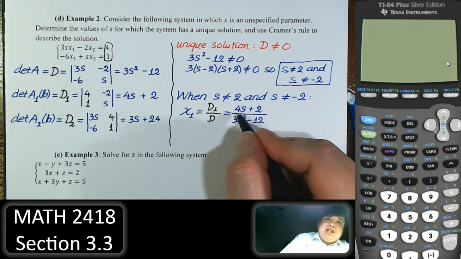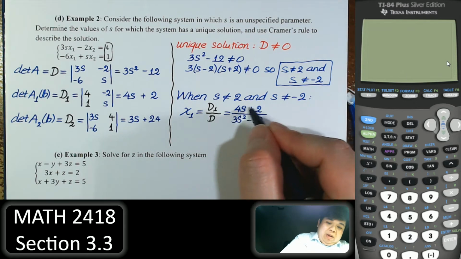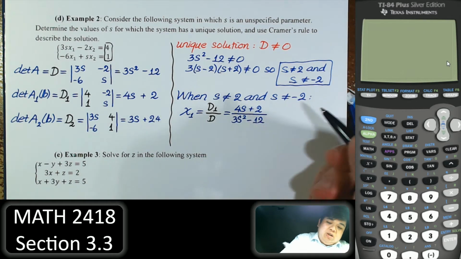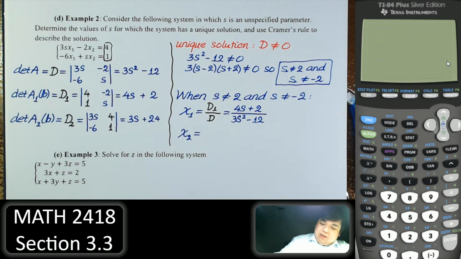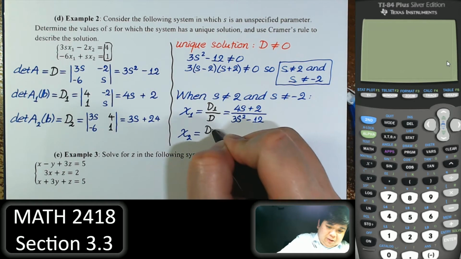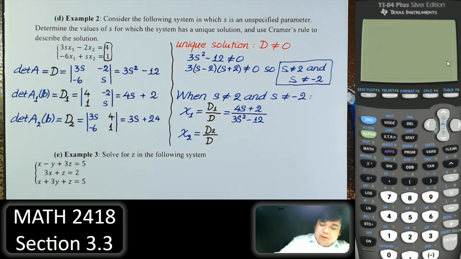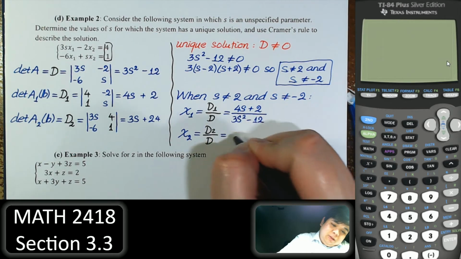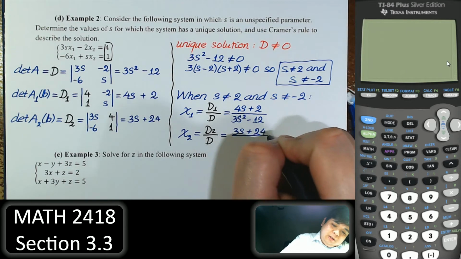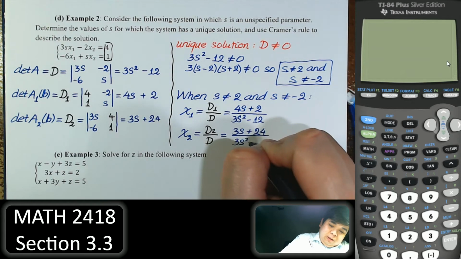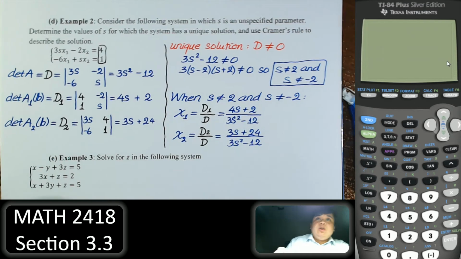Yeah, of course, like I said, factor out 2, and we have s plus 2 in the bottom, s plus 2 cancel out, but just leave it like that. So that's what we have.